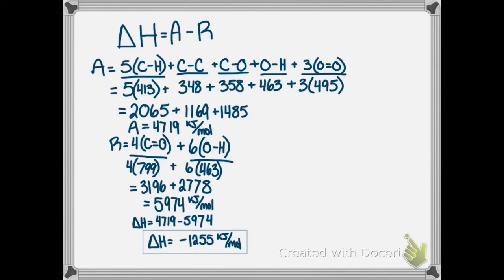Now, continuing, now that we have our delta H value, we're also going to solve for our delta S value. And we know that our delta S is our S of the products minus the S of the reactants. If we're solving for these, we'll start with our reactant side.